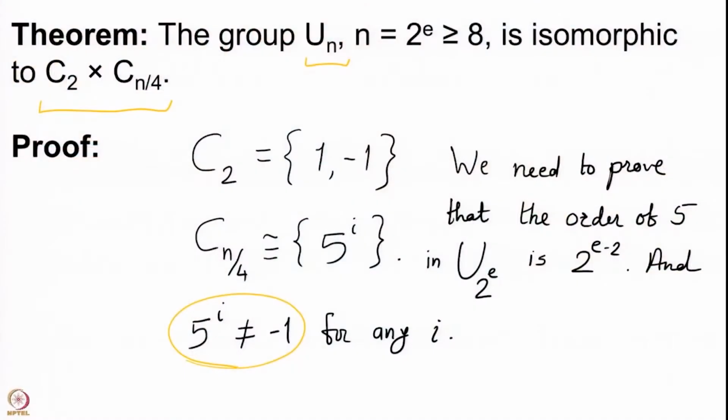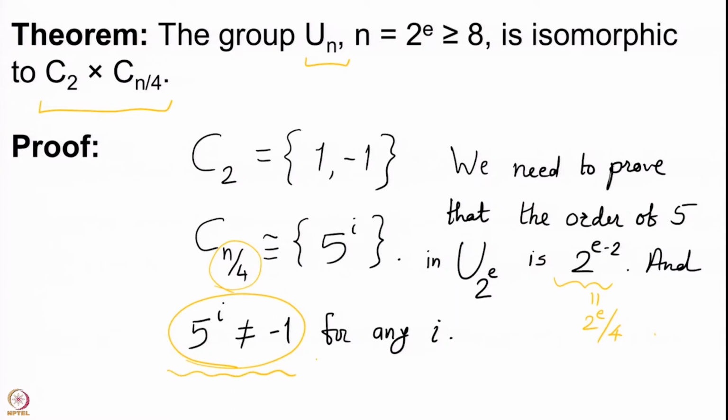So, that you get everything in the group as coming from this direct product. So, that will also follow once you have the correct cardinalities of the subgroups. If you show that this subgroup has cardinality n by 4 by showing that the order of 5 is 2 power e upon 4, then we are done as long as we prove that 5 power i is not minus 1 for any i.